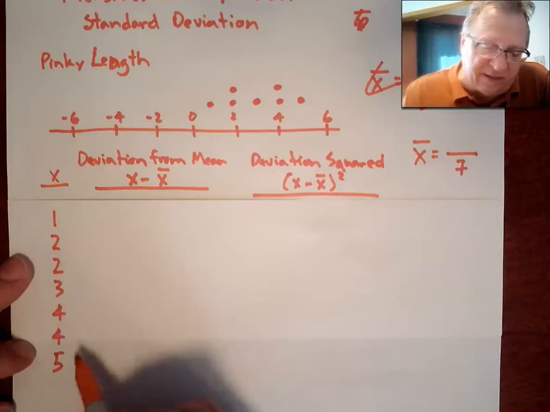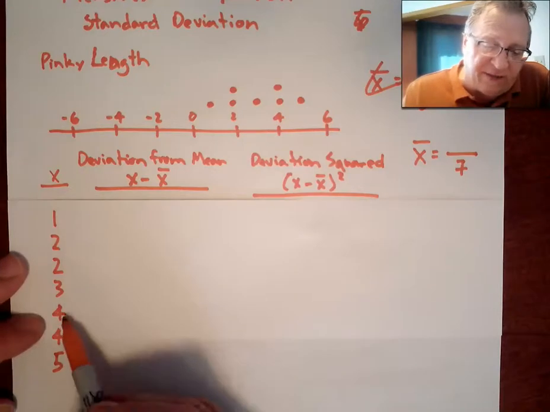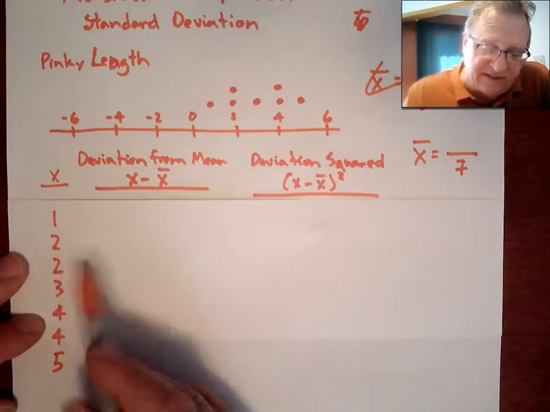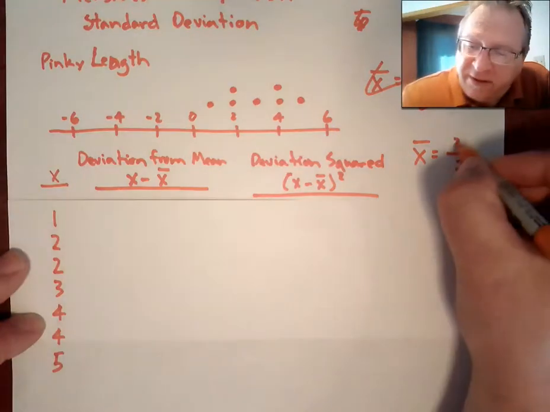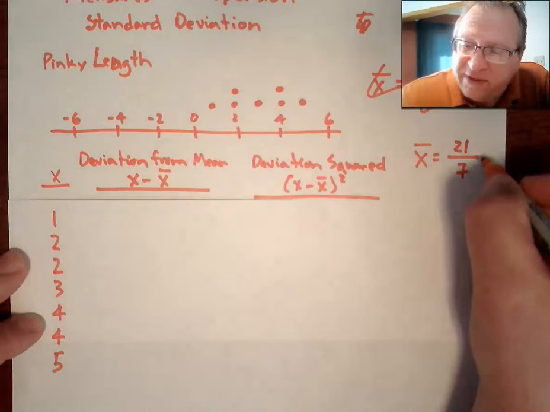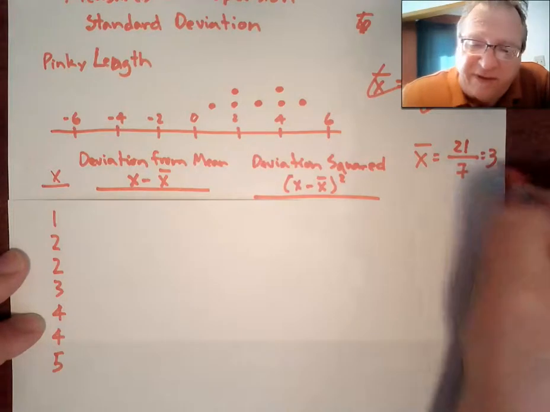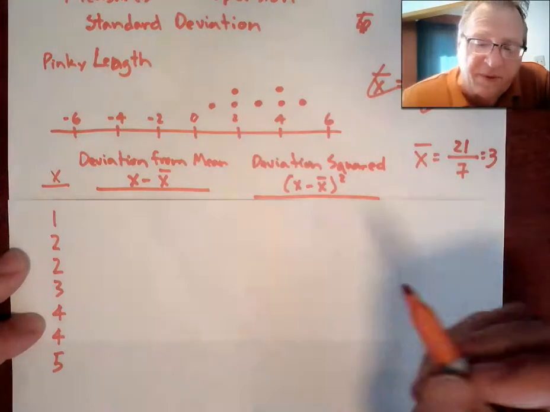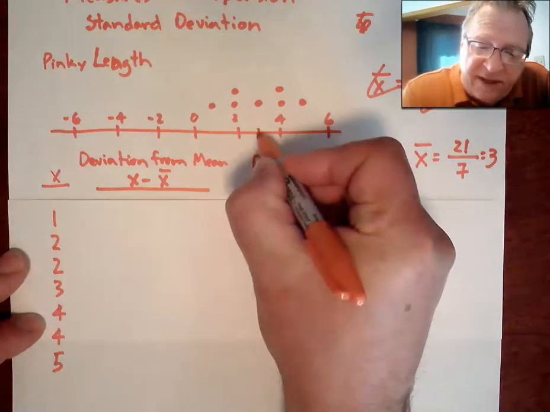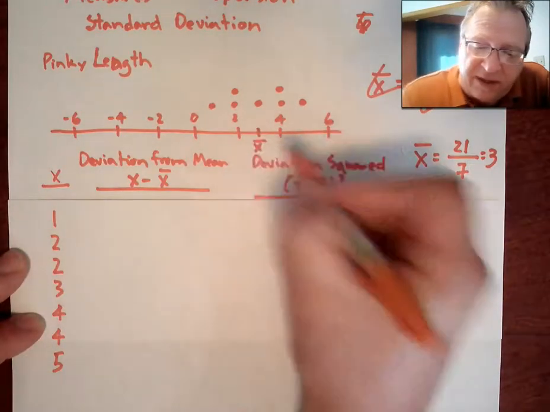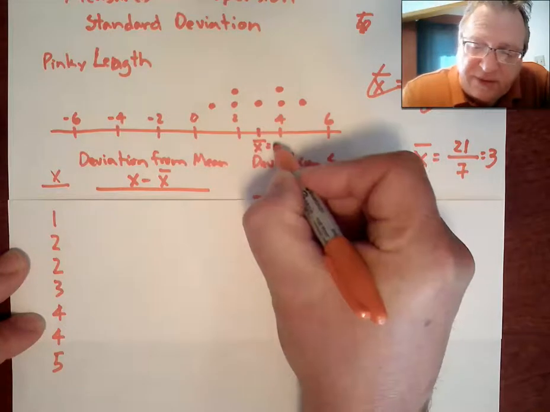Let's add these up. We got 9, 13, 16, 17, 18, 19, 20. We have a total of 21. Oh boy, look at that. 21 divided by 7. We have a mean of 3. Sure enough, our mean is at 3. And I'll write x bar equals 3.